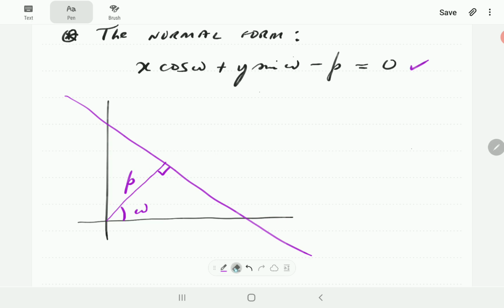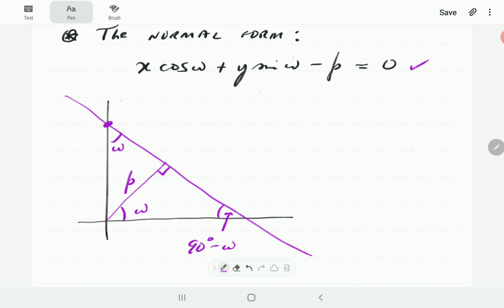So if this is omega here, this is going to be 90 minus omega, so that means that's going to be omega there. This one again is going to be 90 degrees minus omega.